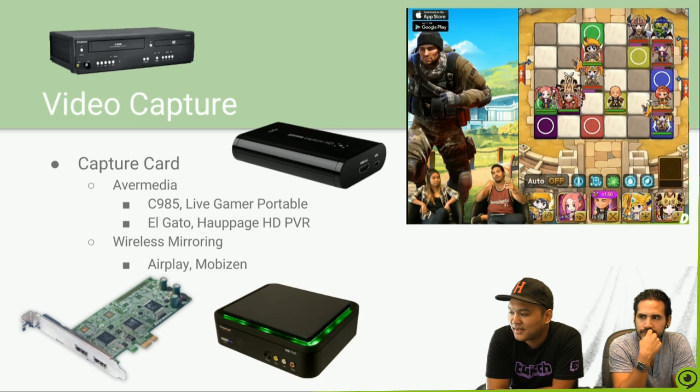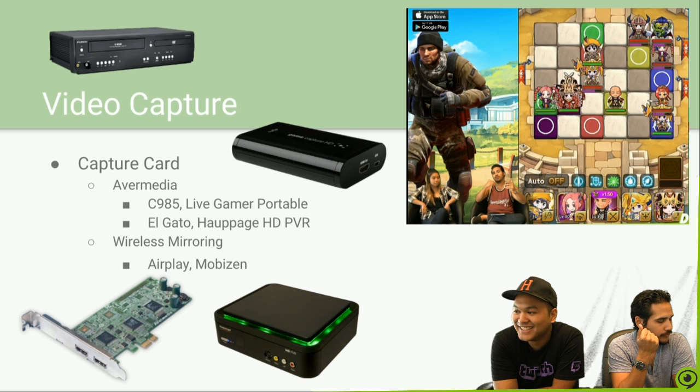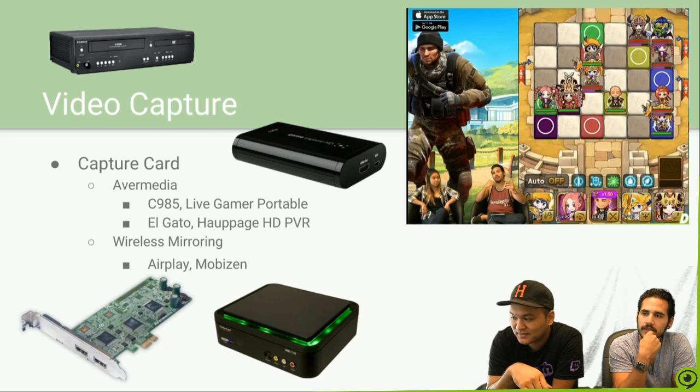Can we have landscape mode? It usually adjusts to what the game is though, right? So if you hold it this way or this way, the mirroring app is going to adjust for that. That's something you have to take into account if you are streaming, especially like what we do here.